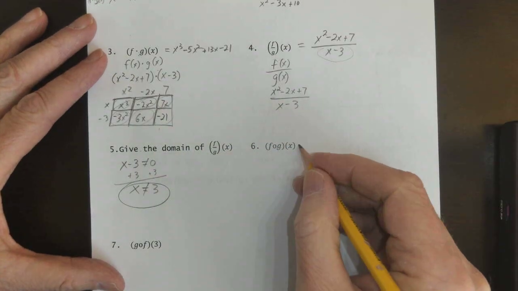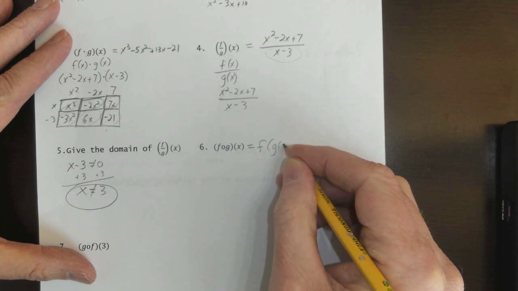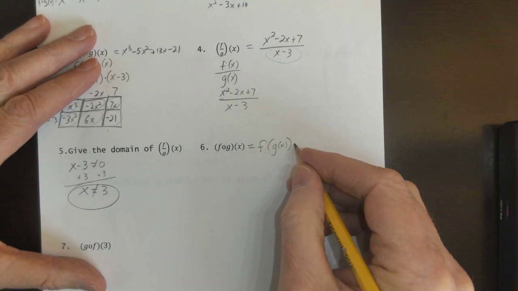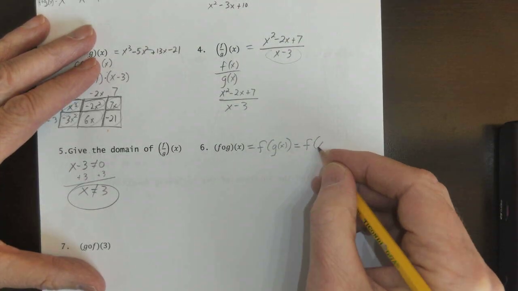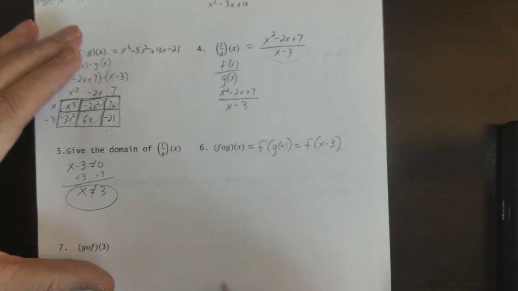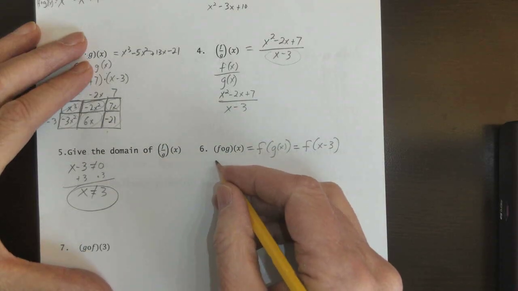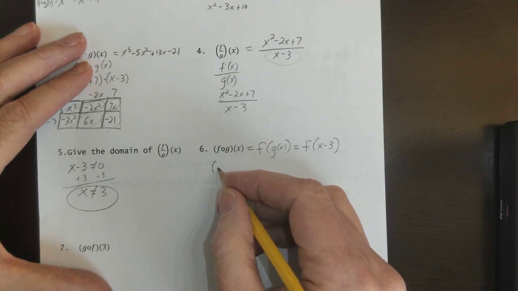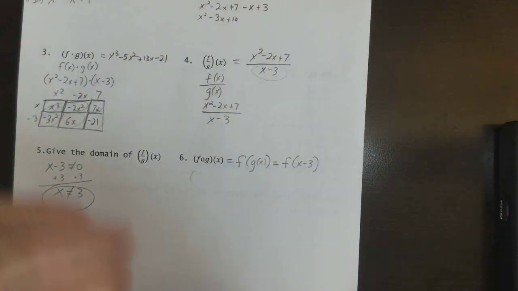Okay, this is the composite functions we've been dealing with more. That's f of g of x, f circle g of x. That is f of x minus 3. Let me just try something here.